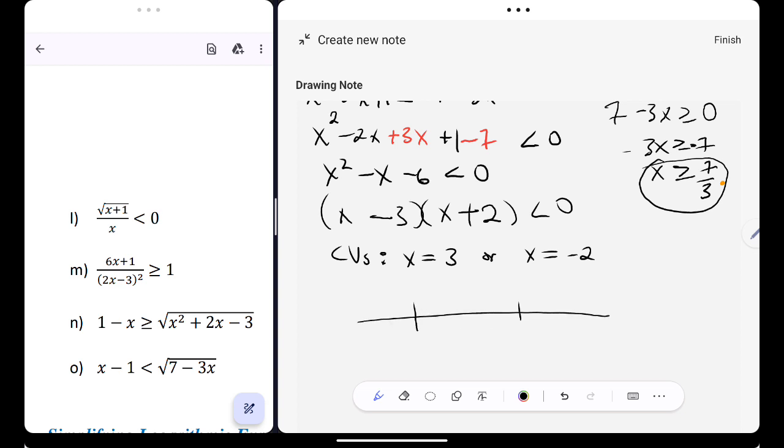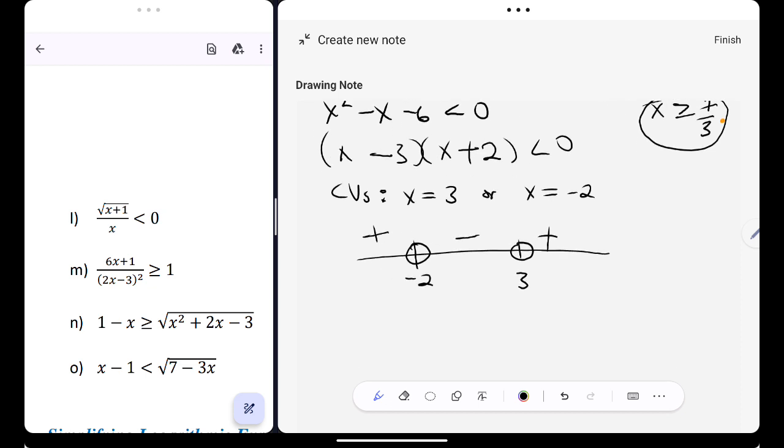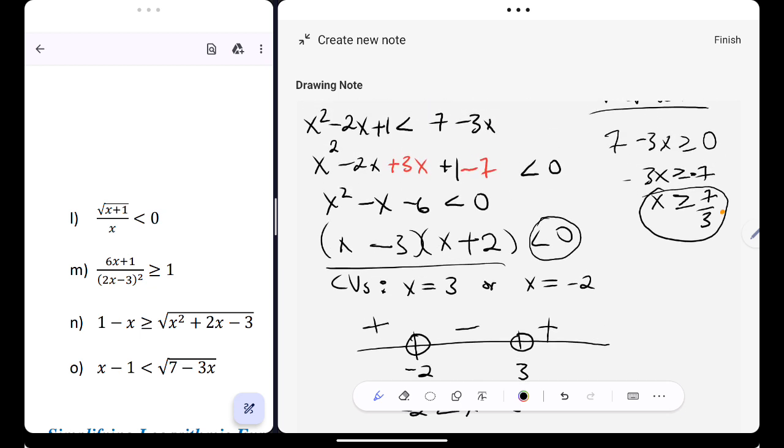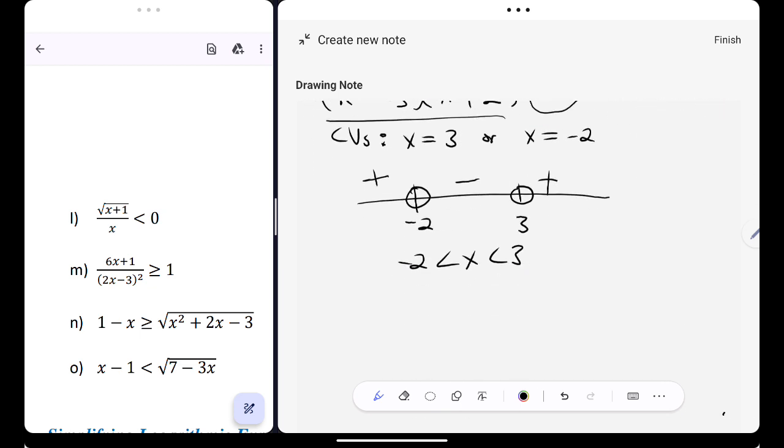Go express the critical values on the number line. Negative 2, 3, included or not? They are not included. The number in front of x, both positive 1, so they have the same sign. Positive, negative, positive. So here I just need the values of x for which this guy is negative. Less than 0 means negative. So x is between minus 2 and 3. But I'm not yet done. I still need to consider my restriction.